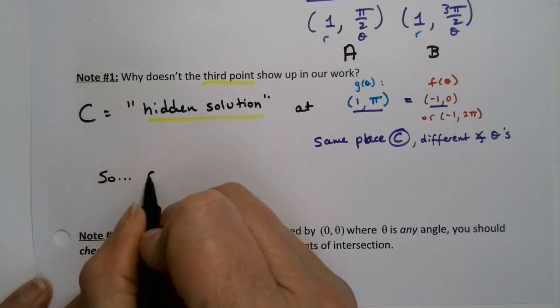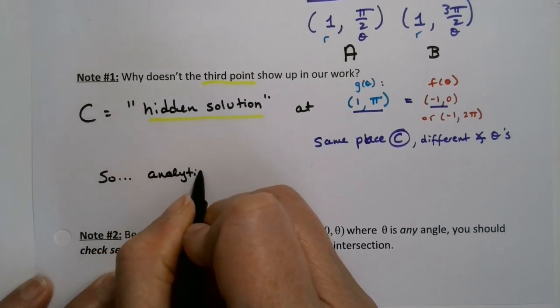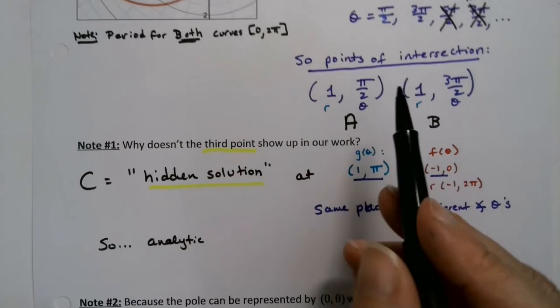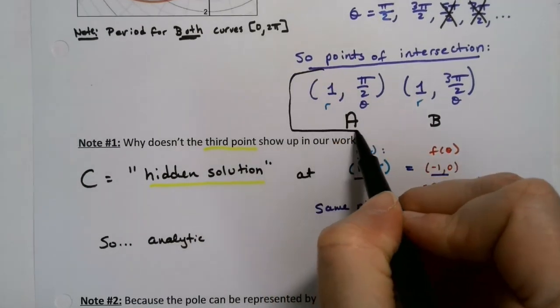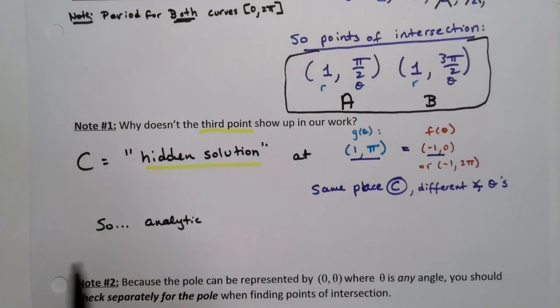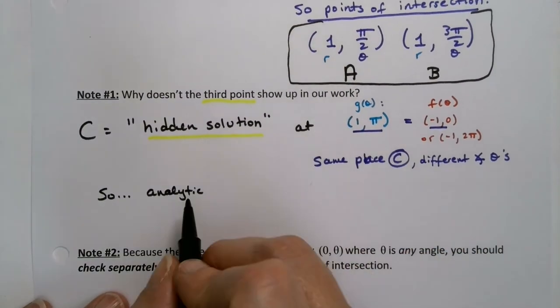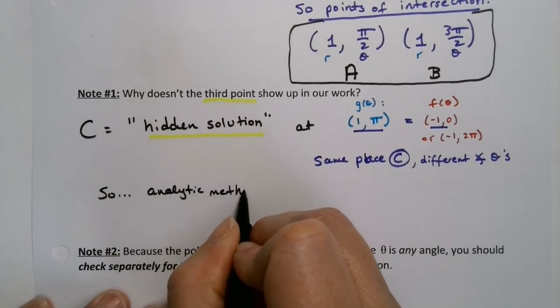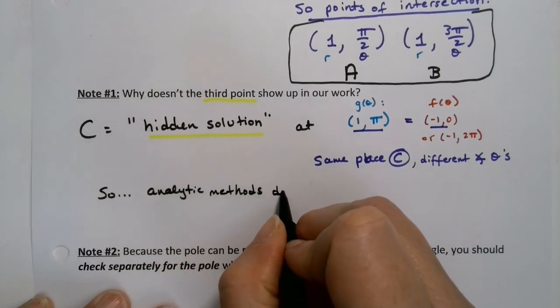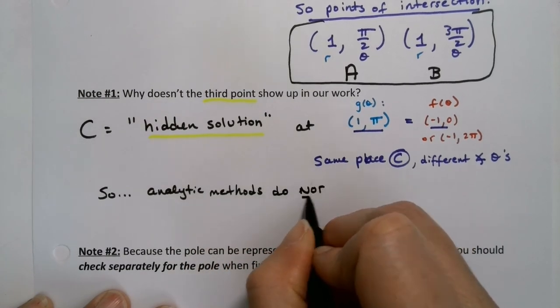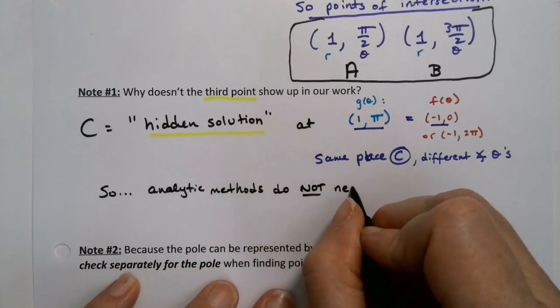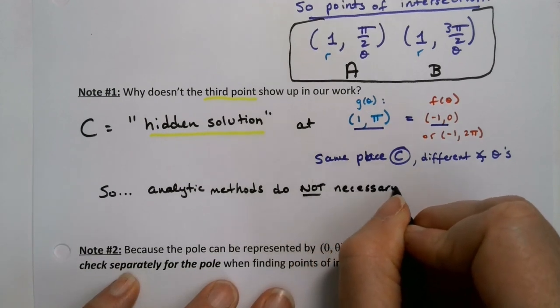Analytic methods only find ones that are intersecting at the same moment in time. So the analytic method finds A and B, no problem. But C, you're on your own. They can find all points of intersection, but they don't necessarily.